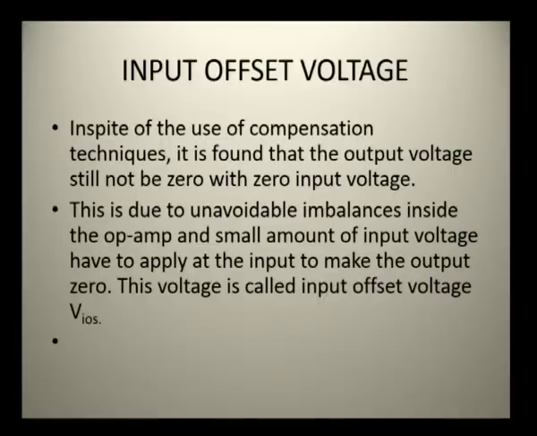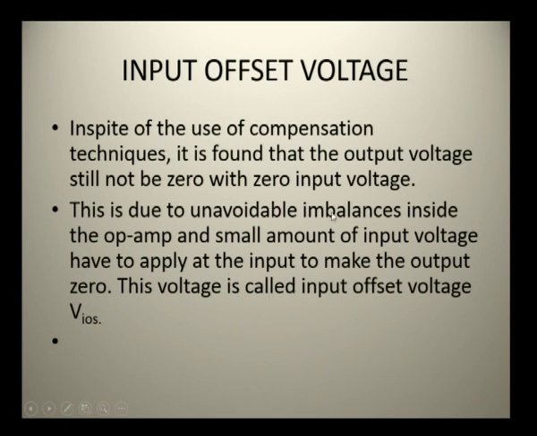And now, even though you have compensated or reduced the effect made by the input offset current as well as the input bias current, still there will be an output signal if the signal at the input is 0, due to a factor called input offset voltage. What do you mean by input offset voltage?